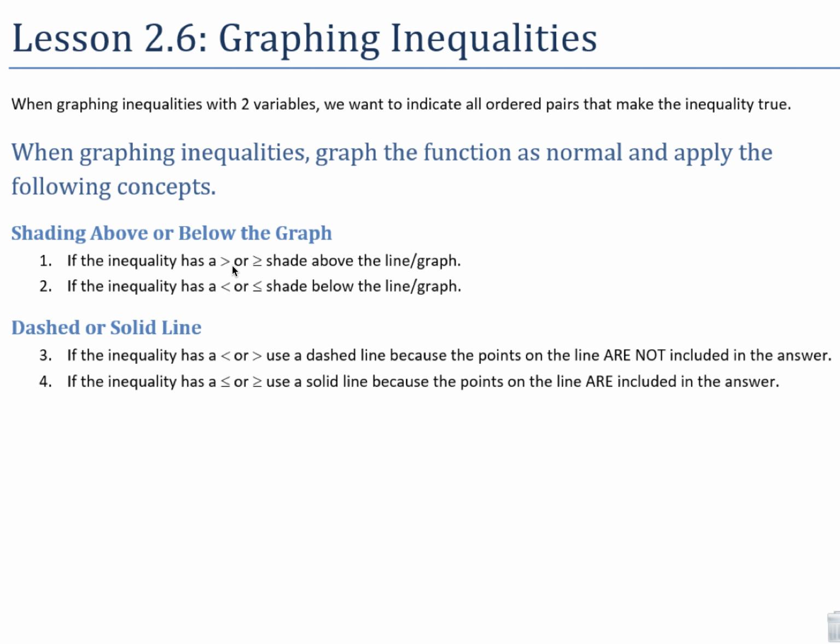If the inequality has a greater than or equal to, you shade above the graph. If the inequality has a less than or equal to, you shade below the graph.